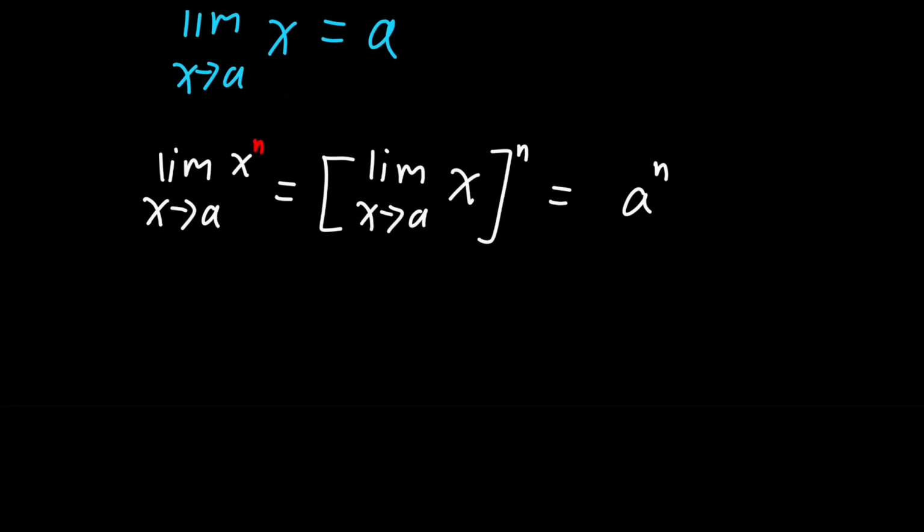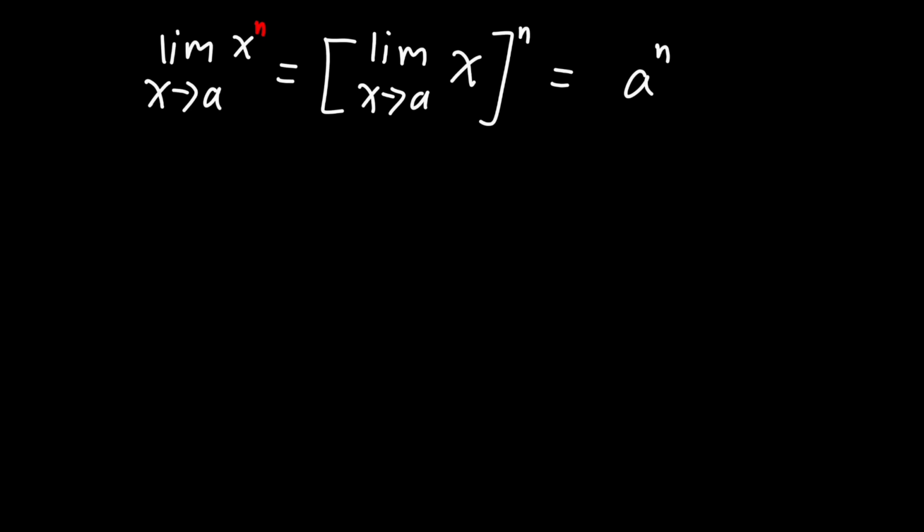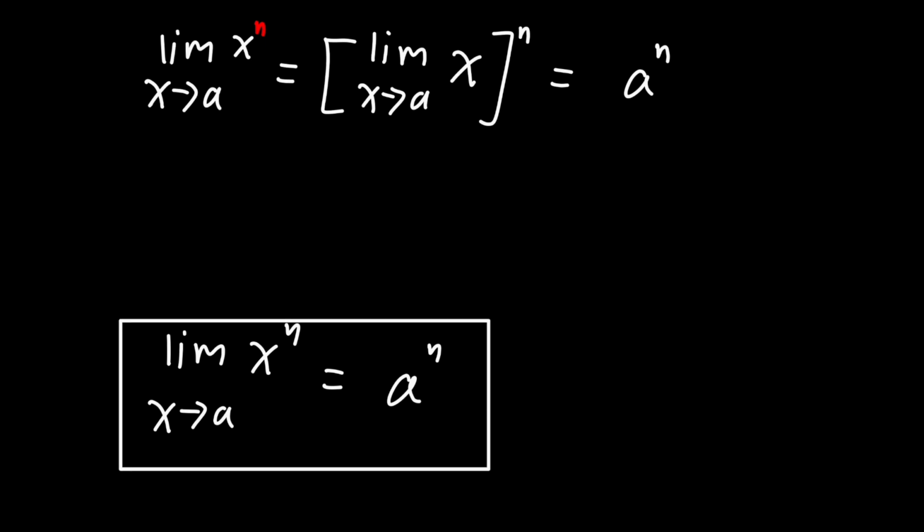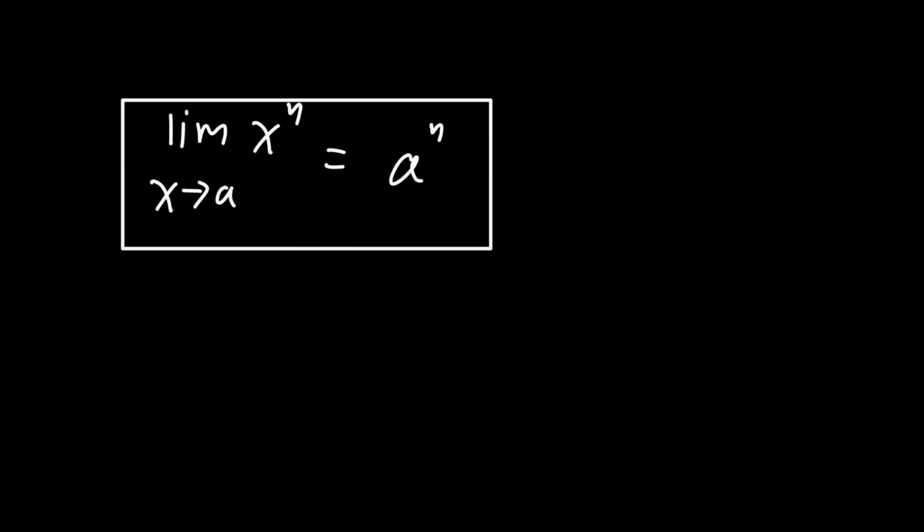So we get another important rule: the limit of x to the power of n as x approaches a equals a to the power of n. This is another important rule for direct substitution. The difference is that we have this power here, right?